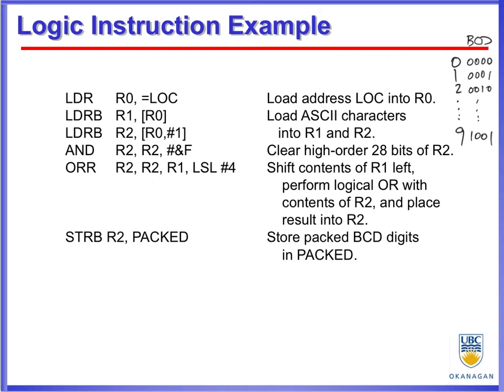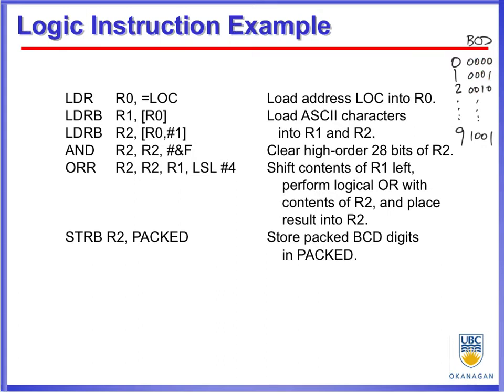The least significant 4 bits of the ASCII code for 0 are all zeros, and the 4 least significant bits for the ASCII code for 1 are 0001, for 2 are 0010, etc. So it's convenient that the least significant 4 bits of the ASCII code for any one of these digits is the binary coded decimal representation for that digit.